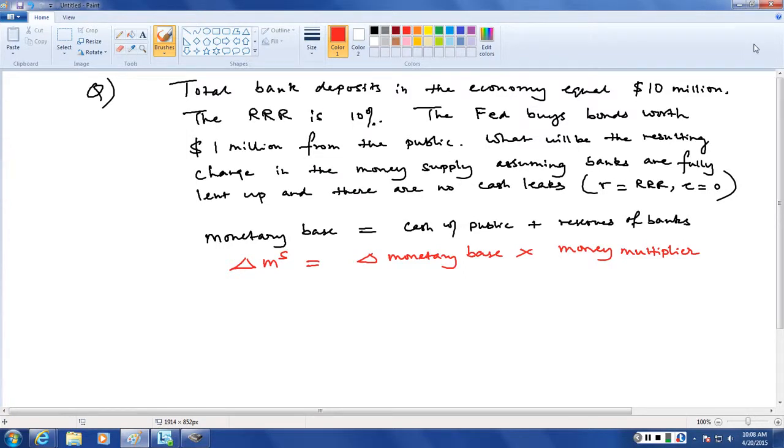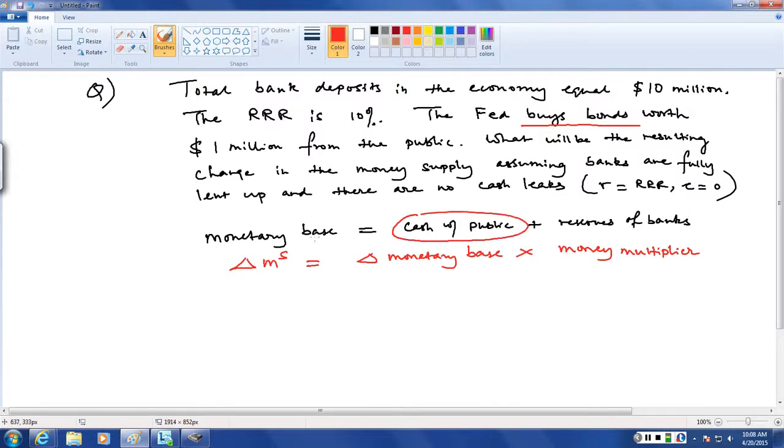So how do you tackle this? So if the Fed's buying bonds, what is that going to do to the monetary base? Well, think about this. If the Fed is taking your bond and giving you money, what will that do to cash with the public, for instance? You are part of the public, isn't it?